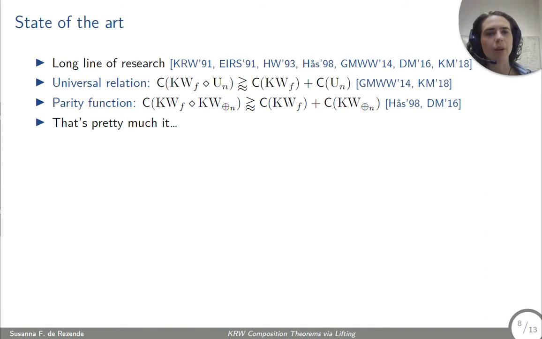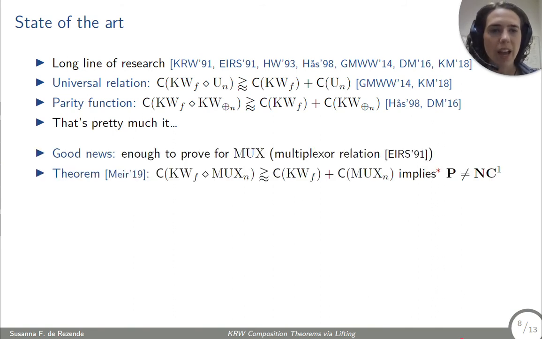So it seems that we're still far from proving the KRW conjecture. But there is one piece of good news: we don't actually have to show that it holds for every inner function G. It's enough to prove that it holds for the multiplexer relation.